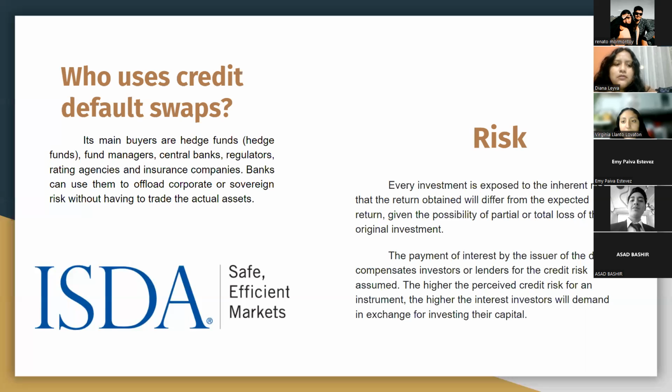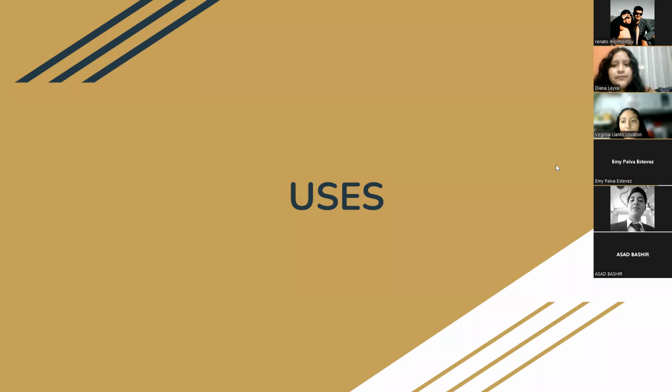The payment of interest by the issuer for the debt compensates investors and lenders for the credit risk met. The higher the perceived credit risk for an instrument, the higher the interest investors will demand in exchange for investing their capital.